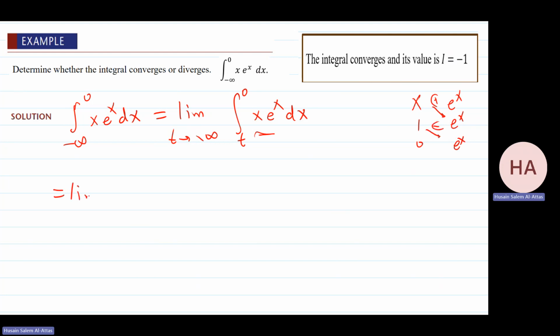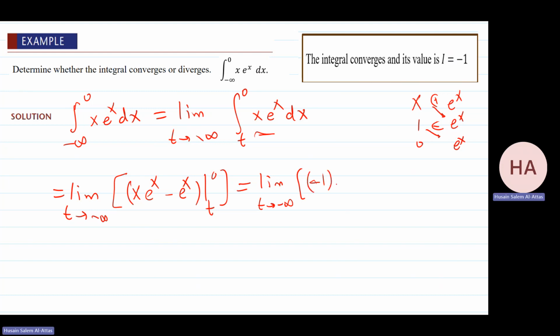So it's the limit as t goes to minus infinity. This integral is x e to the power x minus e to the power x. Don't forget, from t to 0. That will be the limit as t goes to minus infinity. Substitute 0: this will be minus 1 minus t e to the power t minus e to the power t.